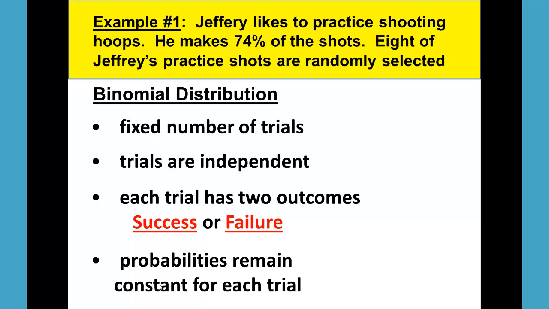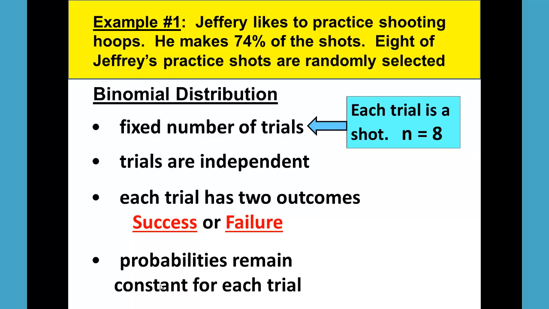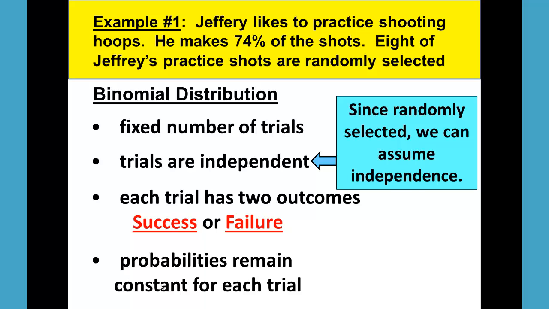First, let's verify that this is a binomial distribution. Each trial is a shot. So N equals 8, we have a fixed number of trials. Every time he shoots, it does not affect the next shot or the previous shot.